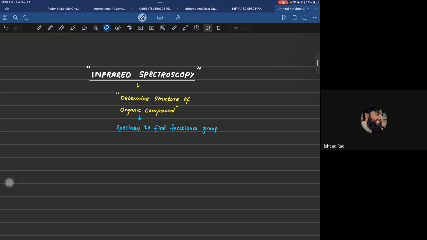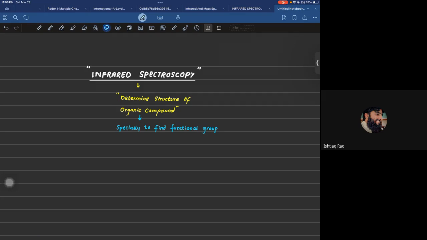In this alternative technique, we would be providing some sort of radiation to the molecule. Your molecule will absorb some radiation and the rest of the light it would be transmitting. Then we have a detector, which is going to give you a particular graph, as the detector did in mass spectrometry, where we analyzed the mass spectrum.